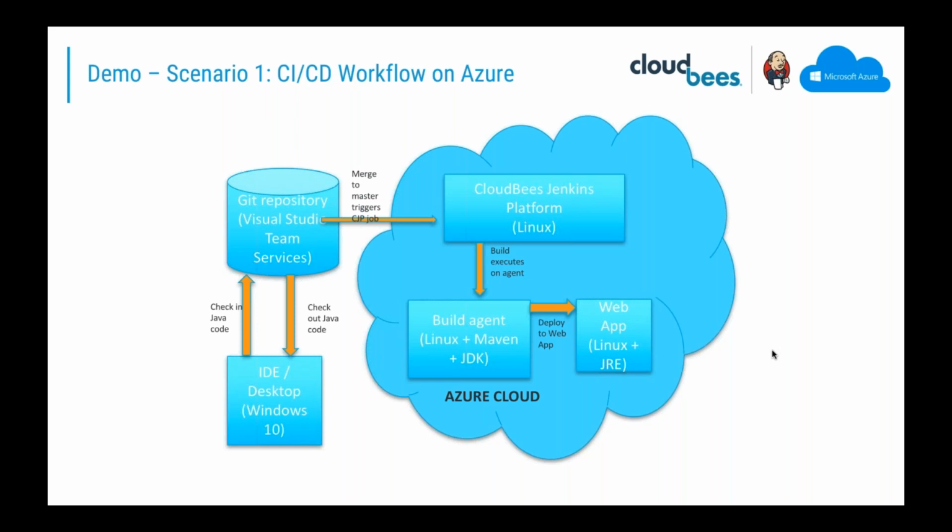And once there is a change submitted to that repository, what you see in this architecture is CJP does reside within Microsoft Azure, and it's actually going to kick off a build on a remote build agent. Once that build agent has completed the build, we'll actually do a live deployment to a running web app, aka app service. So that's going to be our demo today.